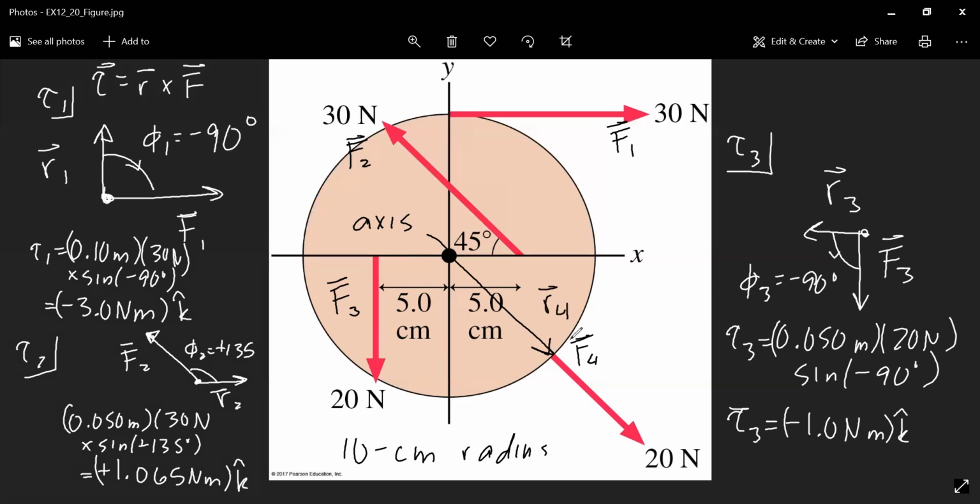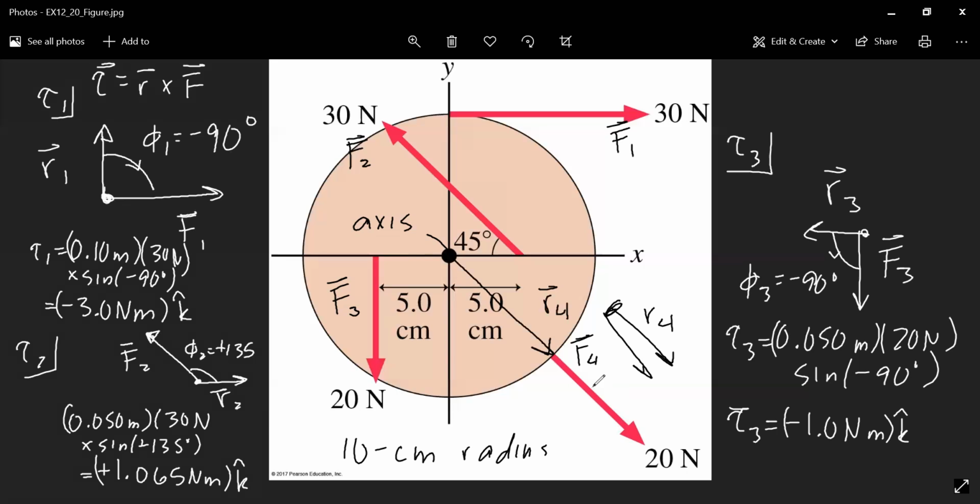Again, these two are very nearly parallel. So the angle that they make with one another is 0. So we got R4 and then F4. The angle they make is 0. So as you would expect, the torque exerted by F4 is 0. Or more precisely, it's the 0 vector.